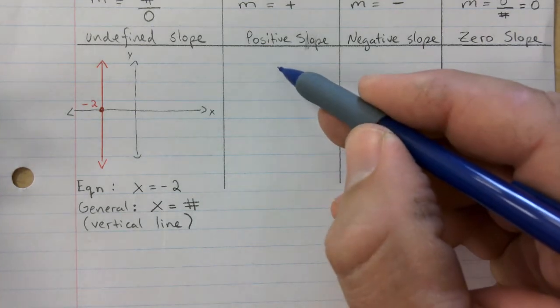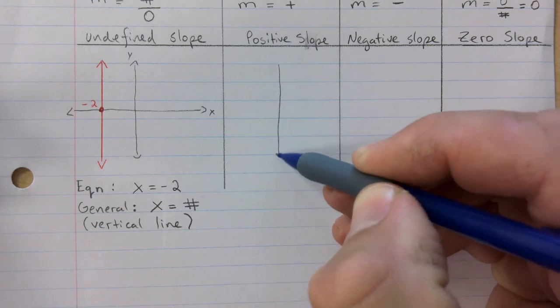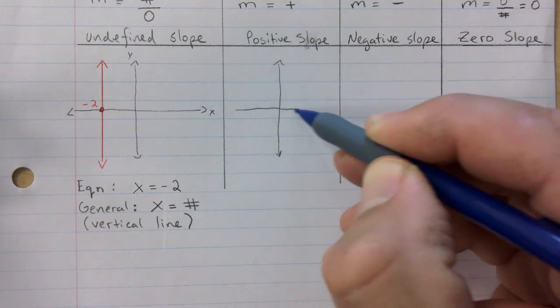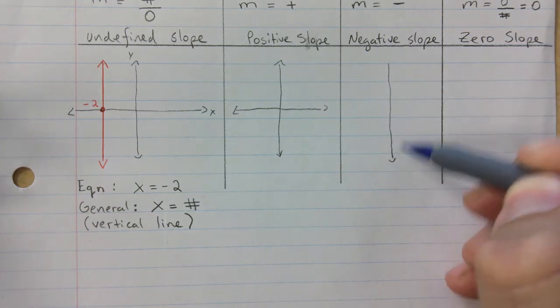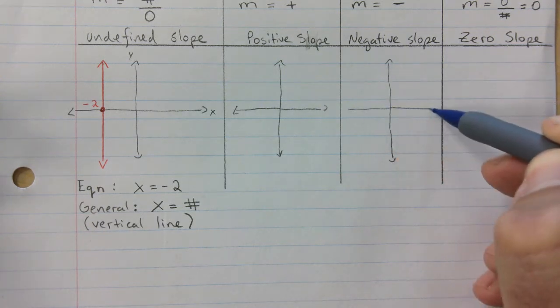Then you have a positive slope, so let's just make an x and a y axis again. So I will just do this for all columns there.